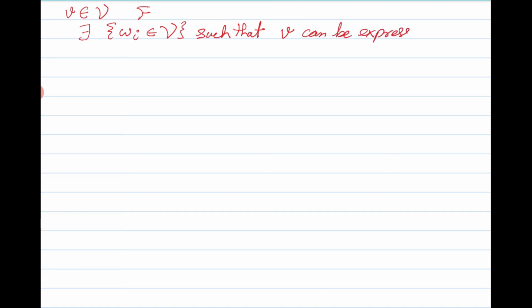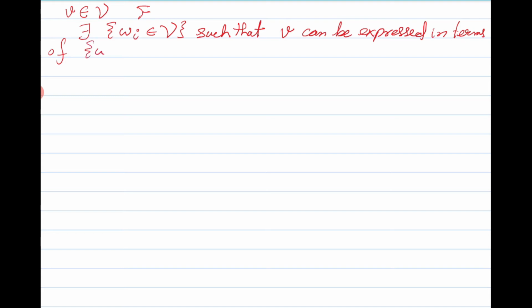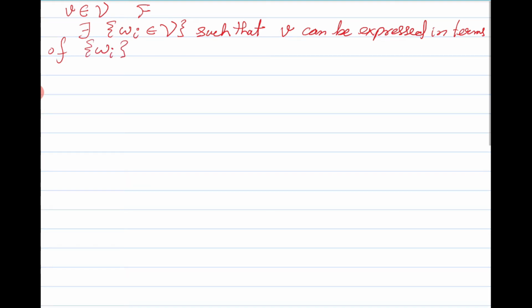So if v belongs to the vector space V defined over some field F, suppose you take up a vector, then there exists a set of vectors Wi in the vector space itself, such that v can be expressed in terms of this set of vectors. This is something that we call a linear combination.